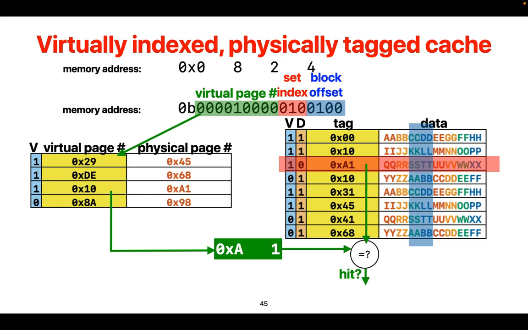In the meantime, I'm using the virtual page number to figure out the physical page number, and then compare the tag, which is essentially now the physical page number of your block. Then I can tell if it's a hit or miss. And this allows the TLB lookup to perform in parallel with the L1 access.